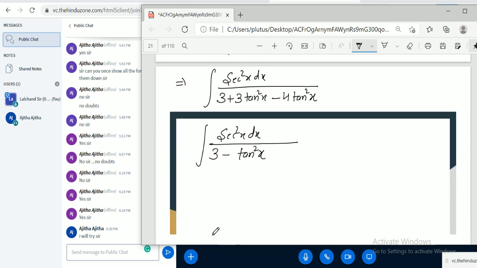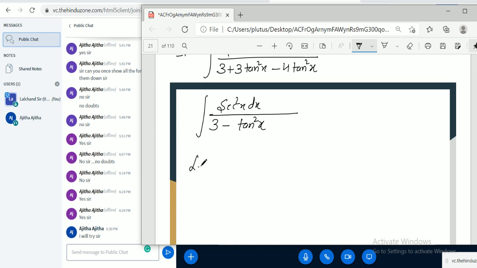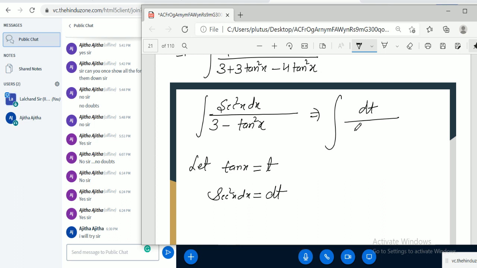Now if we let tan x equal to t, then sec square x dx equals dt, isn't it? So if we substitute this, it will be transformed into the integral of dt divided by 3 minus t square.